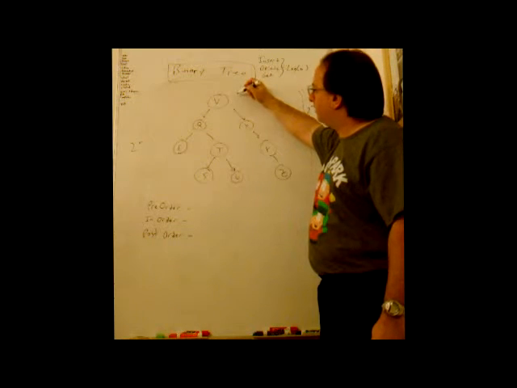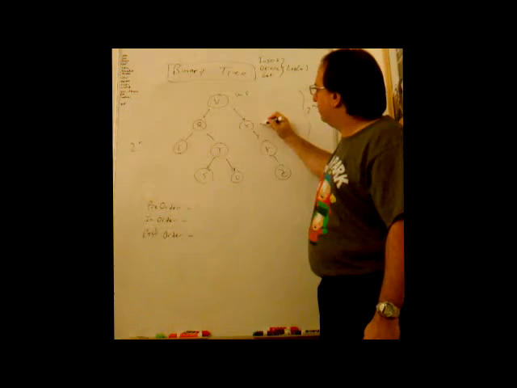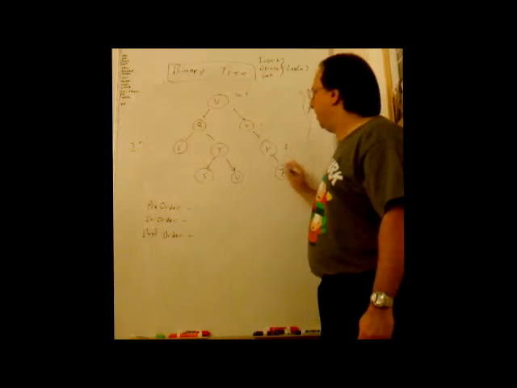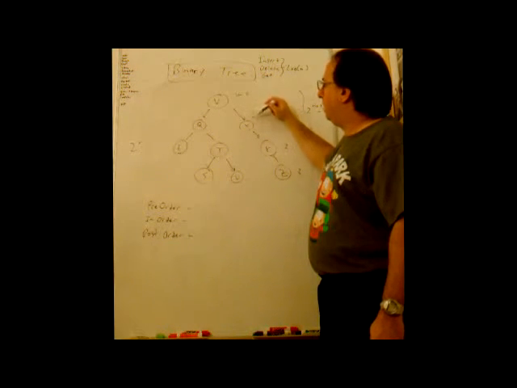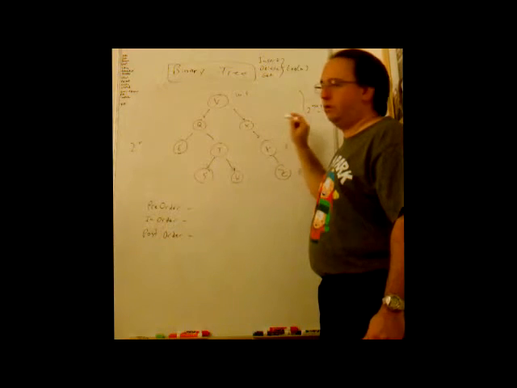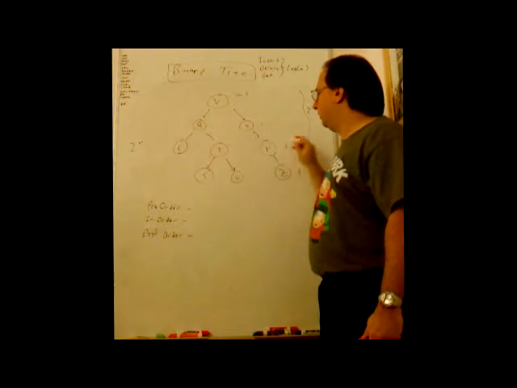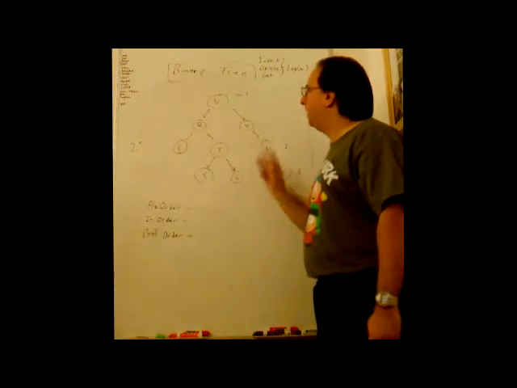So this is level 0, this is level 1, level 2, level 3. Everything at the top, the root node, is always at level 0, and then one level down, Q and X are at level 1, all these nodes are on level 2, and all these nodes are on level 3.